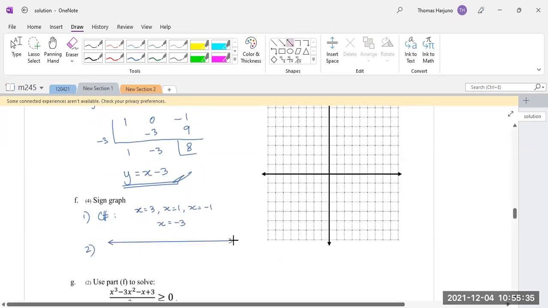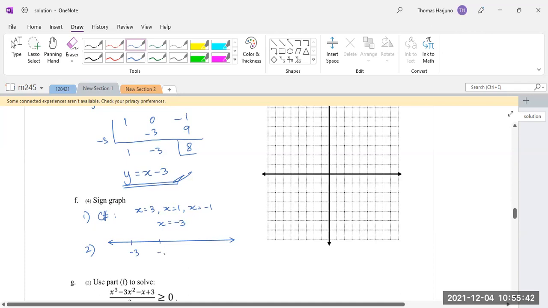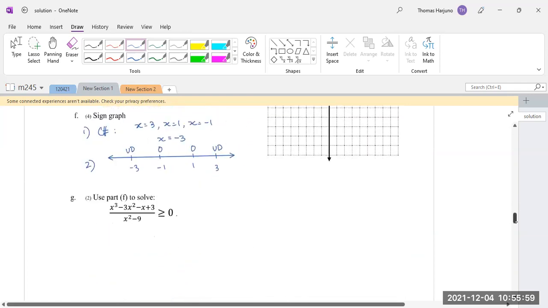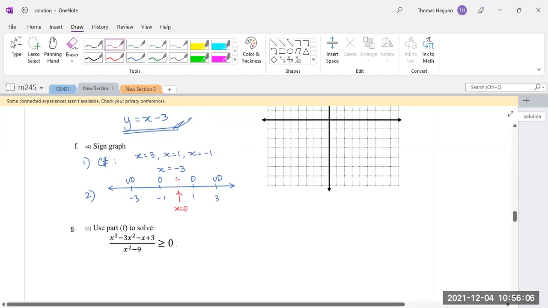So when we do the sign graph, that would be negative 3, negative 1, 1, 3. It's undefined at negative 3 and 3, 0 at negative 1 and 1. And the y-intercept is negative, so when x equals 0, that's negative here.